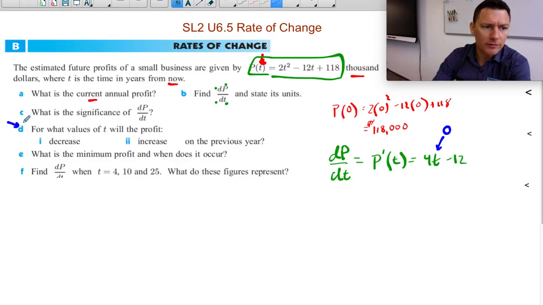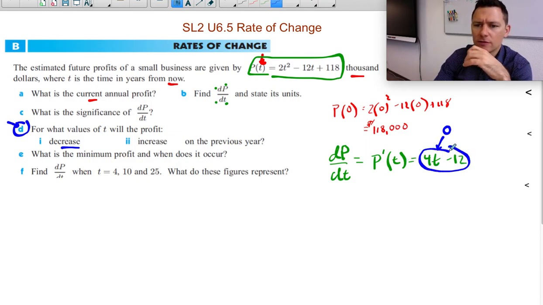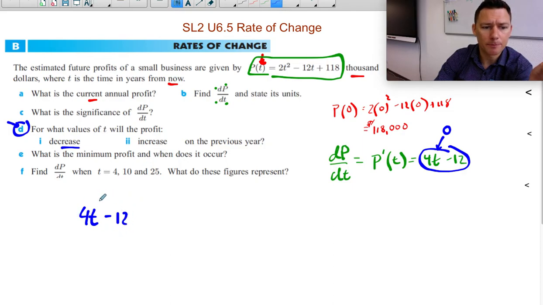And this is where it becomes sort of interesting. For what values of t will the profit decrease? This means how many years, between which years will you be decreasing your profit? So we want this to be negative, right? So we want to say what years will our change in profit be less than 0, maybe less than or equal to 0.